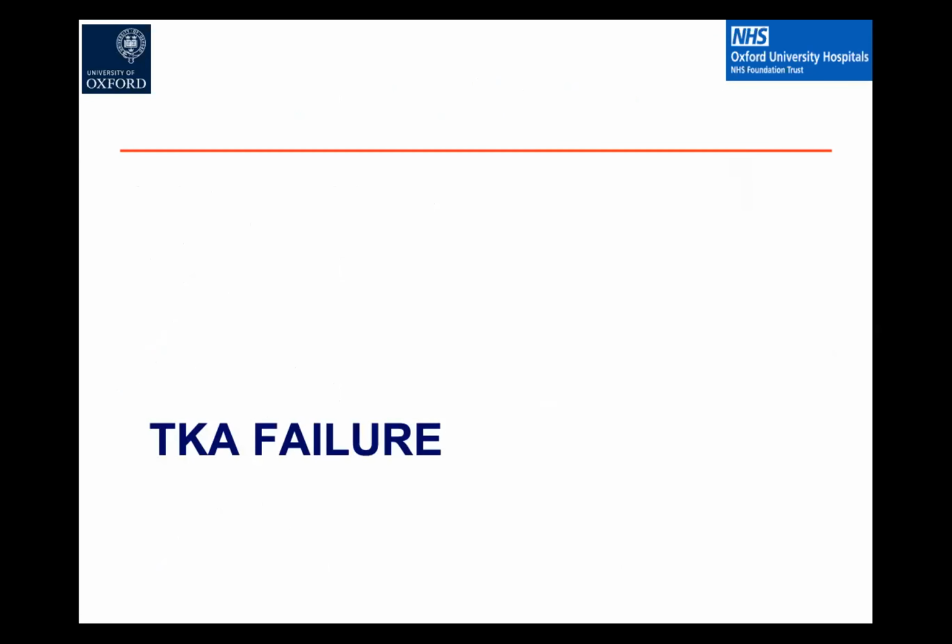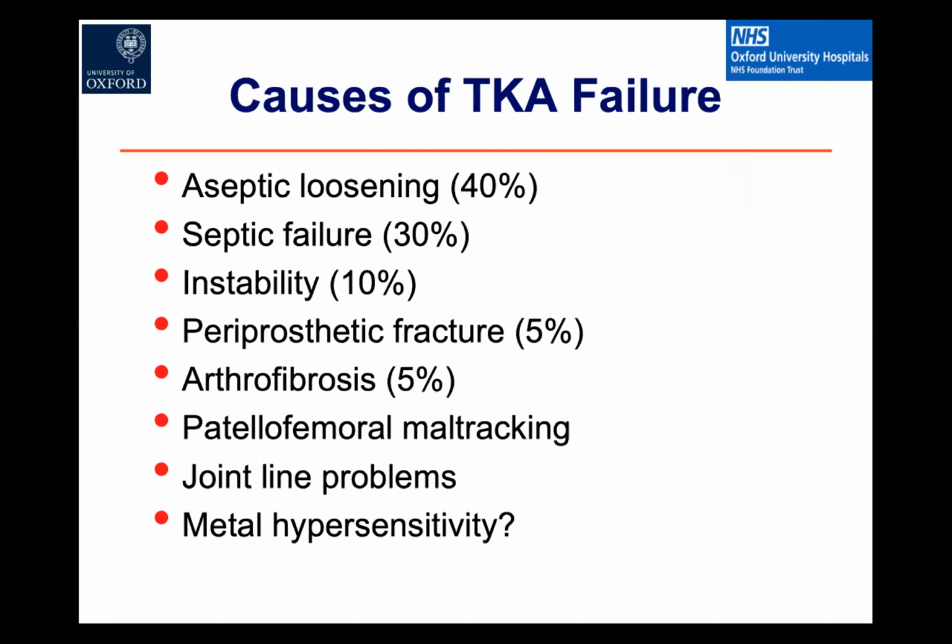How do implants fail? Well, Rishi very elegantly described the process of aseptic loosening. The commonest cause of late TKA failure is implant loosening due to osteolysis. Septic failure is the commonest cause of early failures, less than 2 years in the registries.